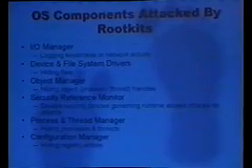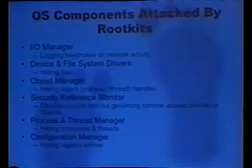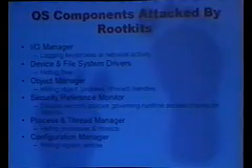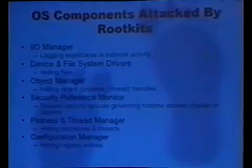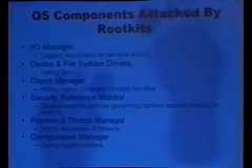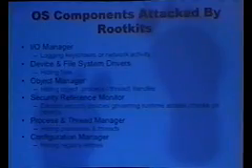These are some of the different components that a rootkit may want to attack. We won't go into all of how you would do this, but just cover the main topics. A rootkit might want to attack the I/O manager in order to sniff keystrokes. Every time a key is depressed, it flows through the kernel, goes through the I/O manager, and you would receive that notification.